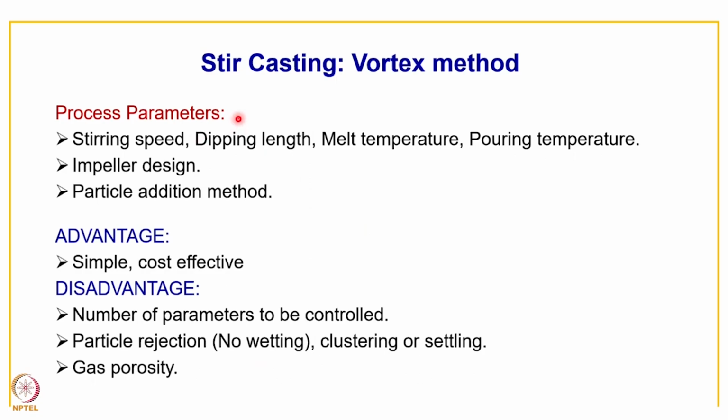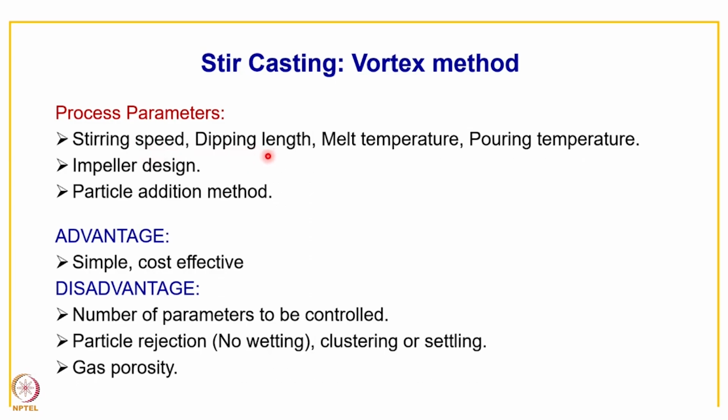A number of process parameters have to be controlled in this particular technique in order to get a quality composite material without defects. So the main process parameters are the temperature, both the melt temperature as well as the pouring temperature, the stirring speed, and also the dipping length of the impeller.